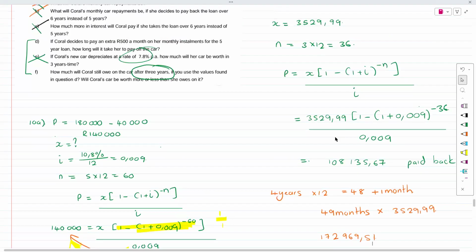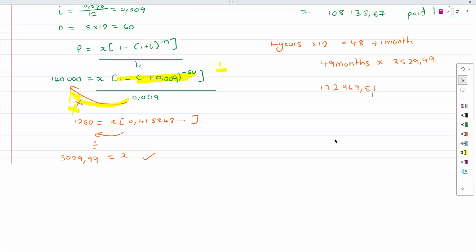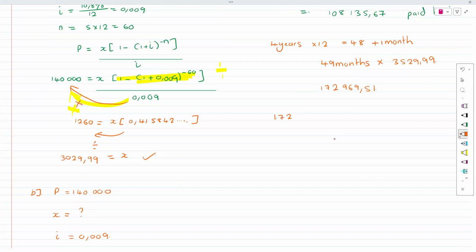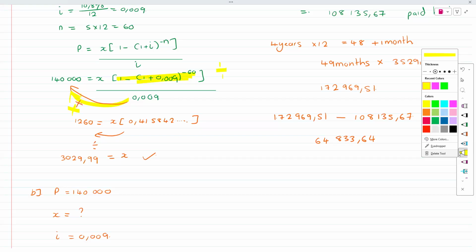Okay, so that's what she was going to pay. Well, that's what she's supposed to pay. So let's go and take out 172,969.51 minus what she already paid for the 3 years. And what happens is we have 64,833.64.